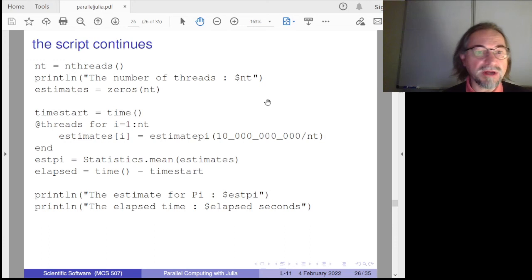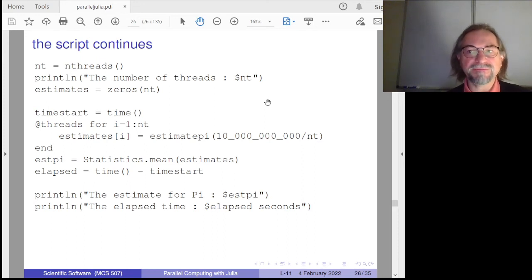Now we run our parallel loop, where every thread calls the function estimate pi. We still run this with 10 billion numbers in total, but the number of threads is a divisor of this 10 billion.